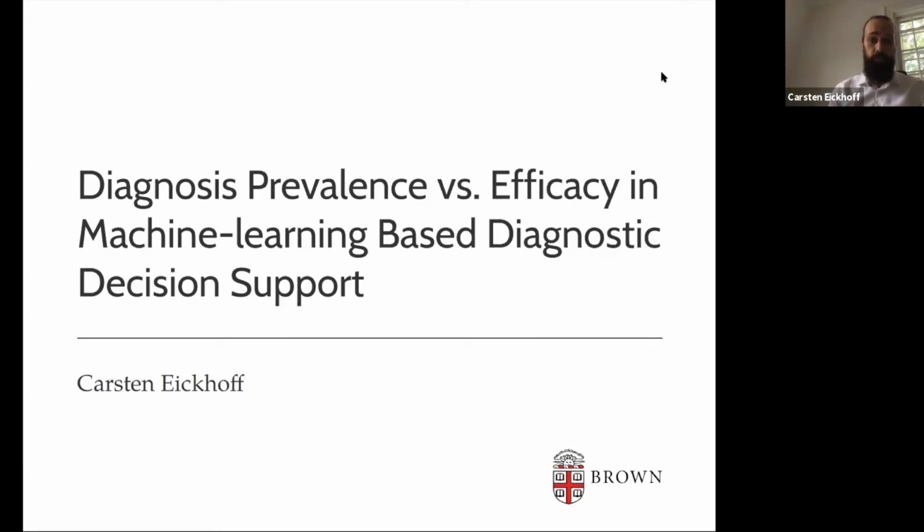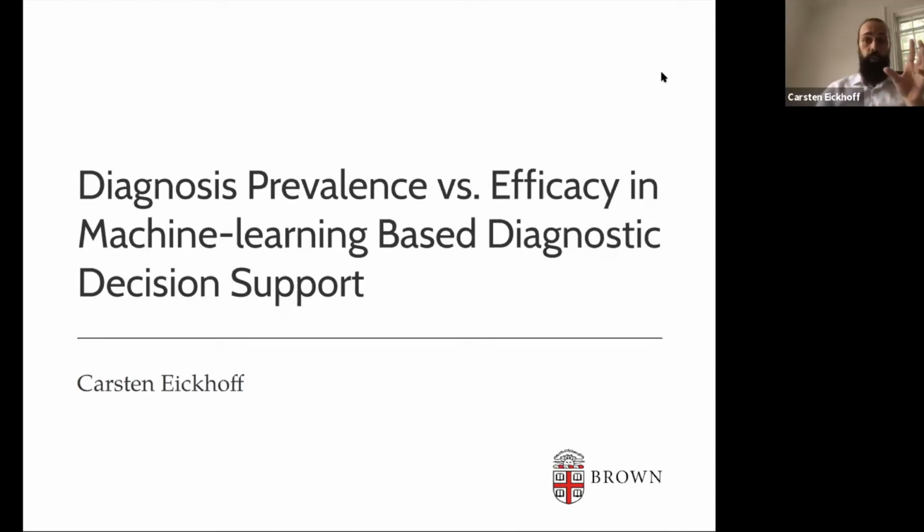So the title of this paper is quite a mouthful. It's Diagnosis, Prevalence versus Efficacy in machine learning-based diagnostic decision support. It's going to be a tiny bit different from some of the tech meets medicine papers that you may have seen. A lot of these papers follow this pattern of here's a problem, here's a solution, let's measure how well the solution works.